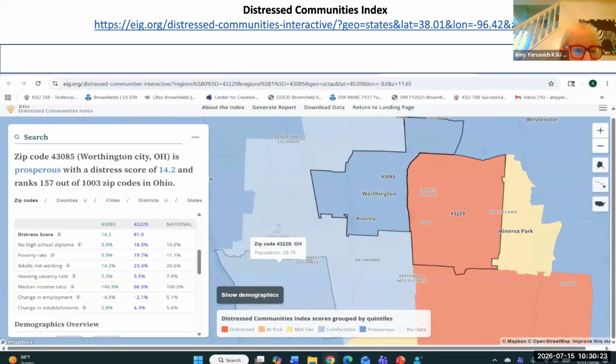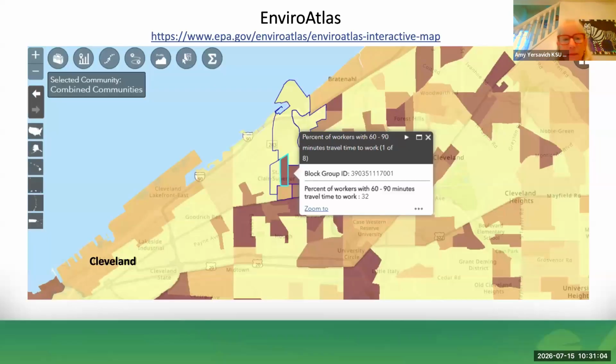This other 43229 zip code over here is an older Columbus suburb that now has mostly, I would say, first generation immigrants living in it. And so obviously it is not as wealthy by any means, because these are people new to the country, that sort of thing. So you can see that at 14.2, Worthington's not real distressed, whereas 43229, or what I call the Northland area, is quite distressed. So this is a really helpful tool that you can use when writing your grant.